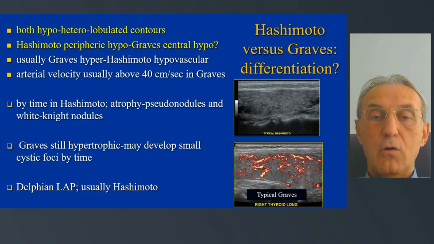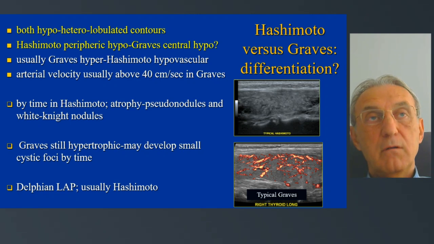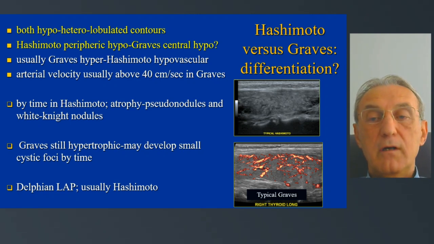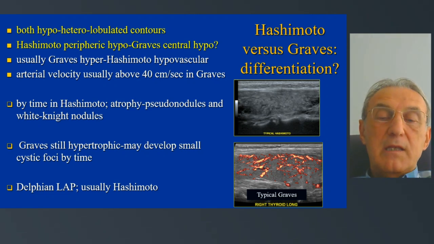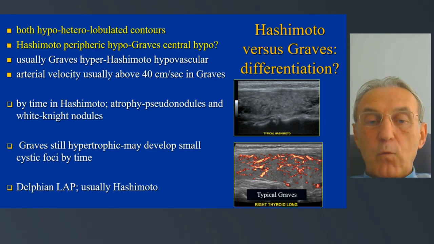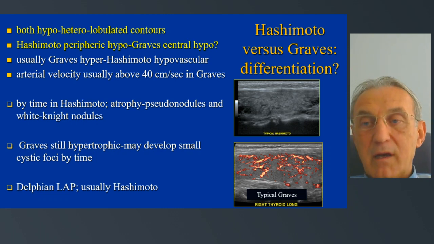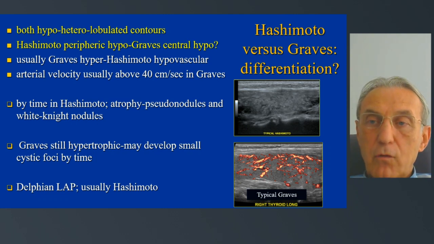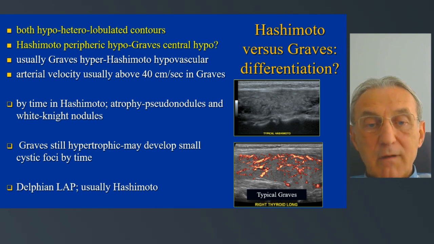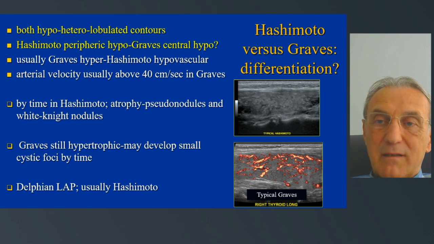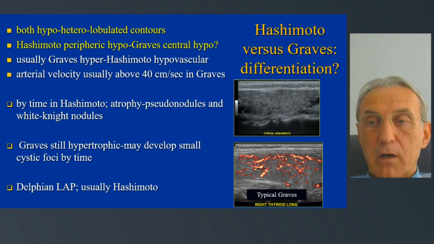So, can we differentiate Hashimoto or Graves from other thyroiditis? Basically, it's not easy, but we have some clues. Both make the thyroid gland hypoechoic, heterogeneous, and the gland becomes lobulated in contour.